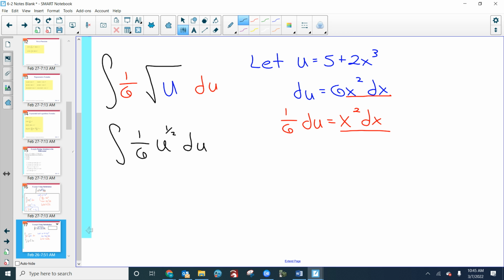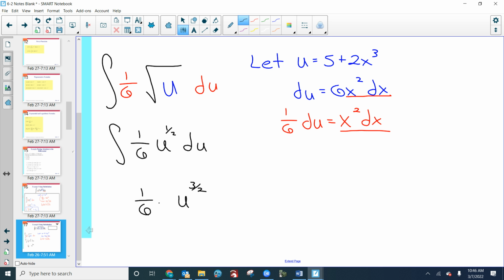Isn't this rule a power rule now? Add 1 to the exponent. So I got a 1/6 goes along for the ride. When I add 1 to 1/2, I get u to the 3/2. But I have to multiply by, let me back up. My rule to you has always been add 1 to the exponent and divide by the new exponent.